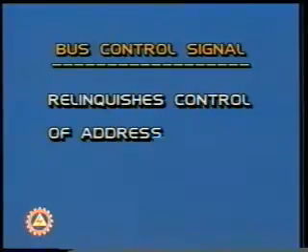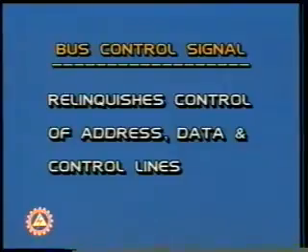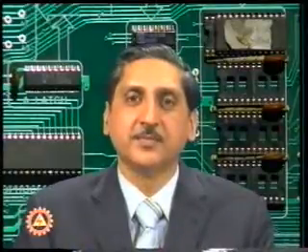In certain situations, such as direct memory access, the microprocessor relinquishes the control of address, data, and control lines to some external devices by the use of bus control signal. Control output signals are generated by the microprocessor for the ease of external interfacing.